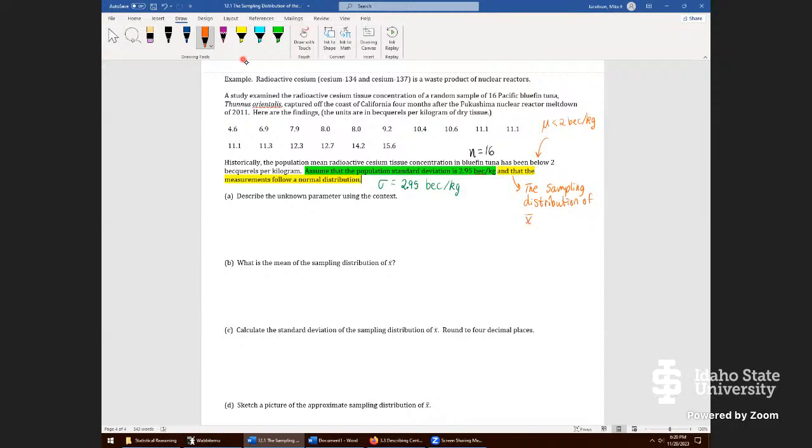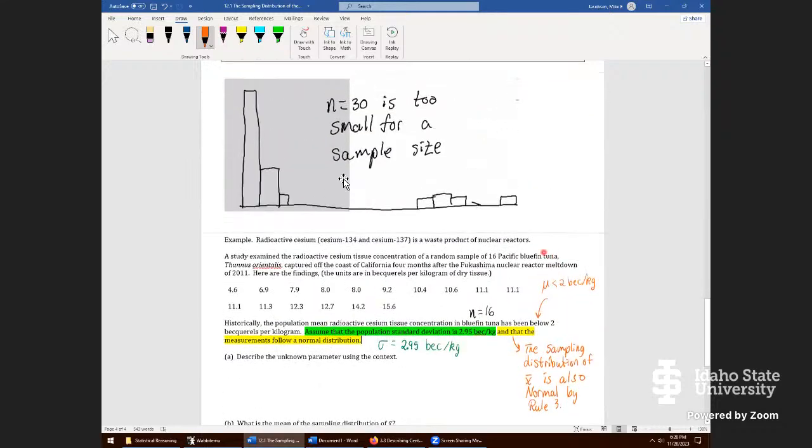I almost want to say p hat because we've been dealing with that statistic so often, but we're changing to numerical data. So X bar is our new statistic. The sampling distribution of X bar is also normal by, oh geez, I think it's rule 3 of the central limit theorem. Let me double check before I just leave that on the page.